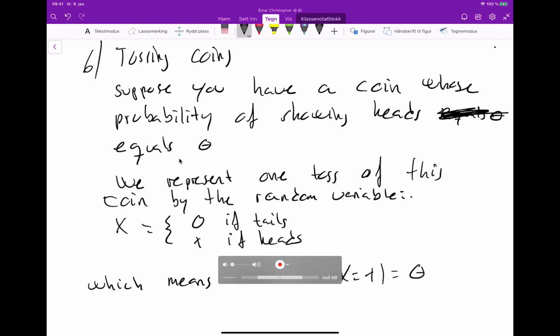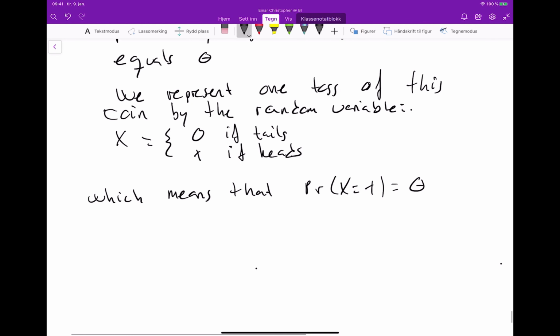So let's now go back to the last exercise of this homework 3, where we are going to toss a coin. That is a well-known thing to do. And we know that the probability of showing heads is equal to theta. So that's our start here. So the probability of X equal 1, that's the same as showing heads, is equal to theta. That's what we have in the last line here.